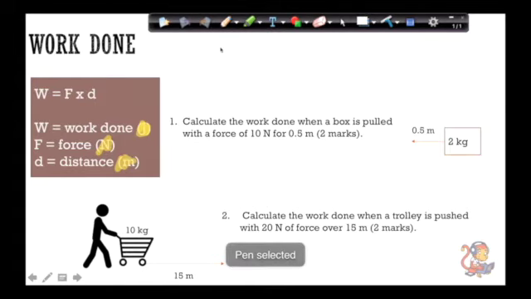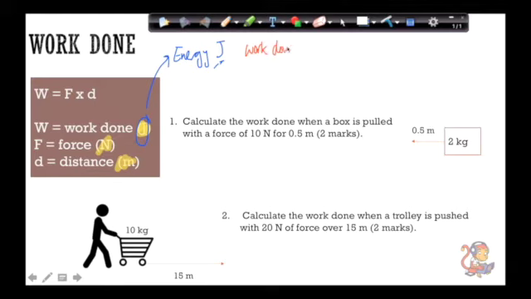Now you might be thinking, well, I recognise that unit joules, okay, I've seen that before in terms of energy. Energy is also measured in joules, because actually, importantly for this topic, you need to remember a really important fact that will come up again and again in these questions, and that's the idea that work done is actually the energy transferred.